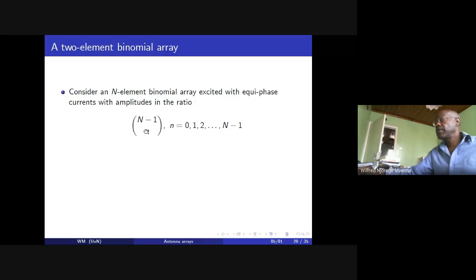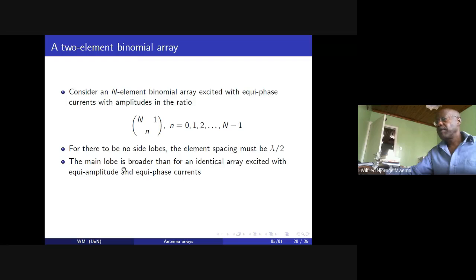You know how this one comes: it is n factorial over n minus whatever factorials and so forth, to expand that value. So for there to be no side lobes, the element spacing must always be lambda by 2. And the main lobe will be broader than for an identical array that has been excited with equi-amplitude and equi-phase currents.